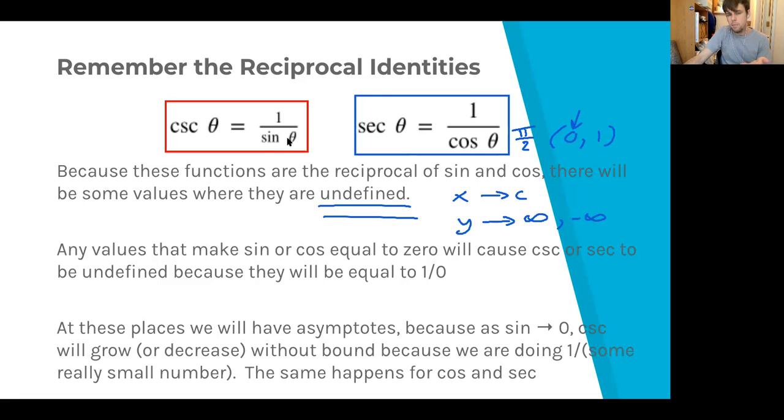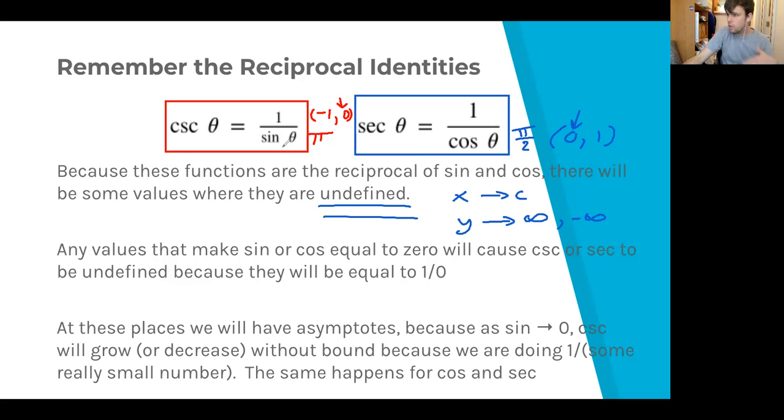Any input value that approaches 0 for sine. Let's think about it in terms of pi. Pi would cause sine to be 0 because the coordinates there are -1, 0. The sine value is 0 at the angle of pi on our unit circle.